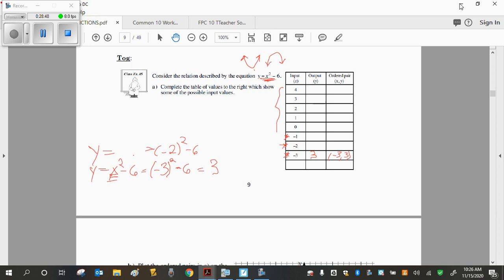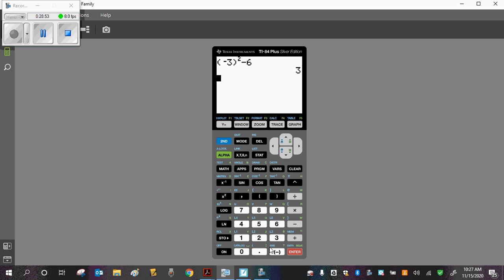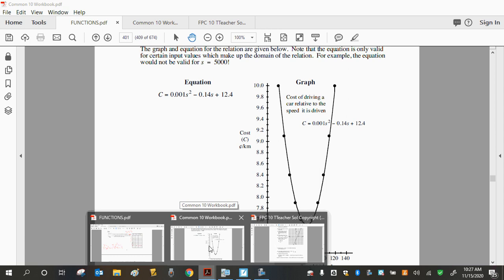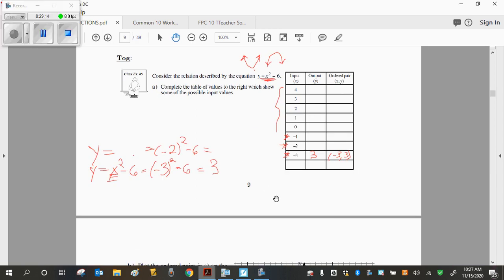Must put it in brackets. What happens if you don't put it in brackets? I'm just going to do the one that we have the answer for already, -3. X squared subtract 6. Completely different answer. So make sure you always put negative signs in brackets. In this case, you get 4 subtract 6, which is -2. So your point is -2, -2.